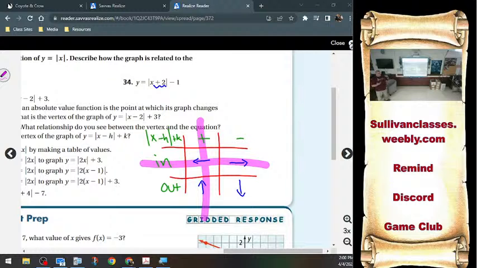If you don't know what the words are, you have no idea what they're asking you. So yes, we know it goes left 2. Just make sure you use your big kid words. Now I'm also okay with us just saying horizontal translation left 2. I'm okay with that. But don't you forget what those H and K mean. Okay?